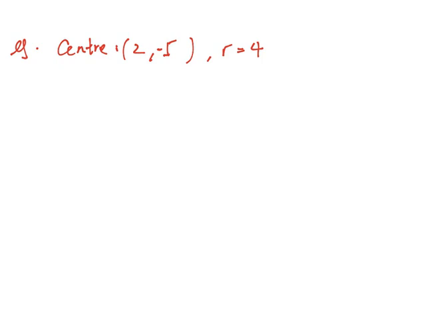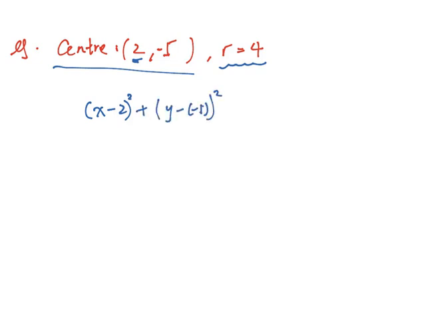Given center (2, negative 5) and radius 4. For standard form, we'll use (x minus 2) squared plus (y minus negative 5) squared equals the radius squared.